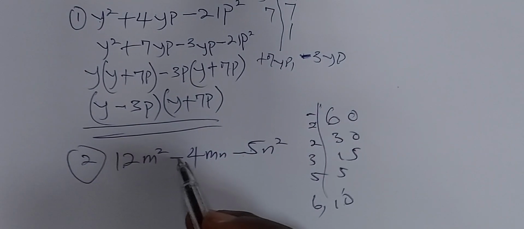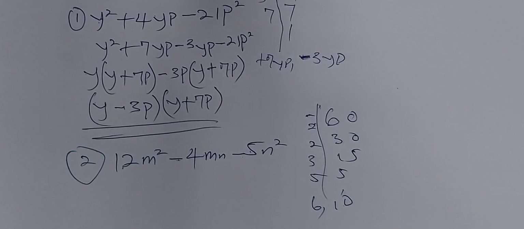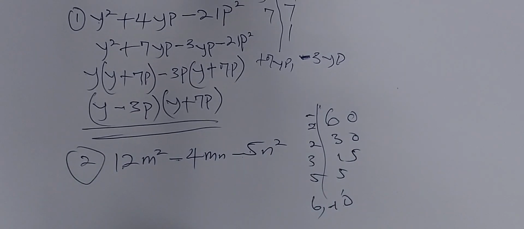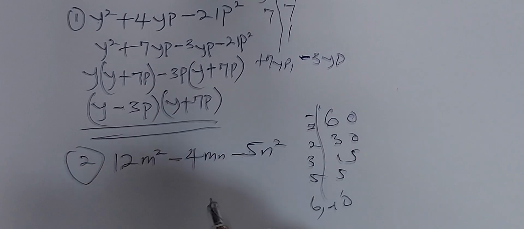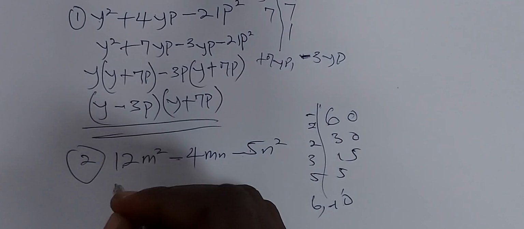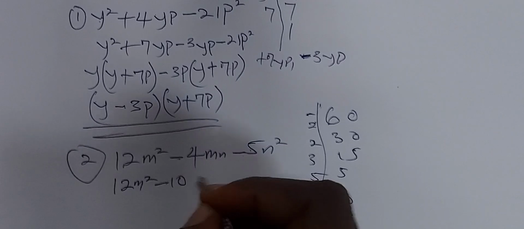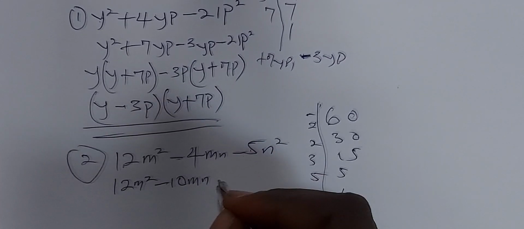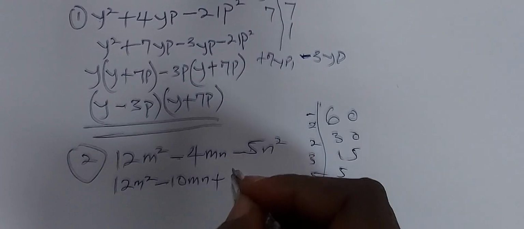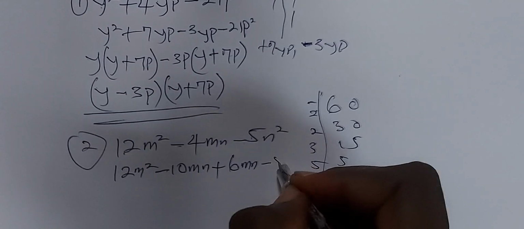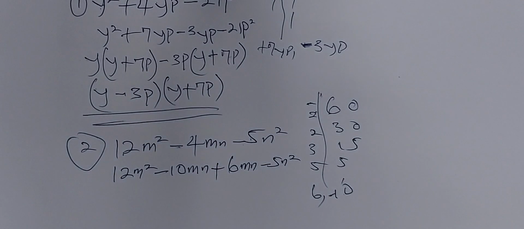Because the middle term is negative, let the bigger factor have the negative. So we have 12m squared minus 10mn plus 6mn minus 5n squared.